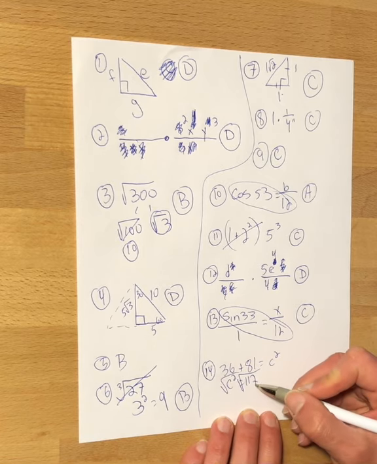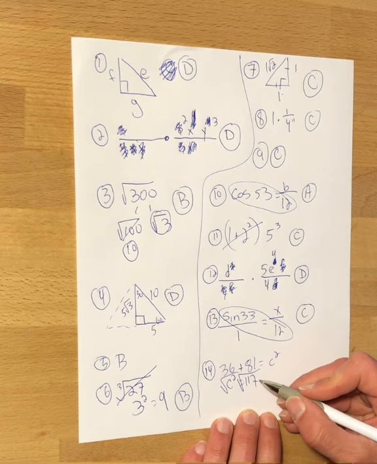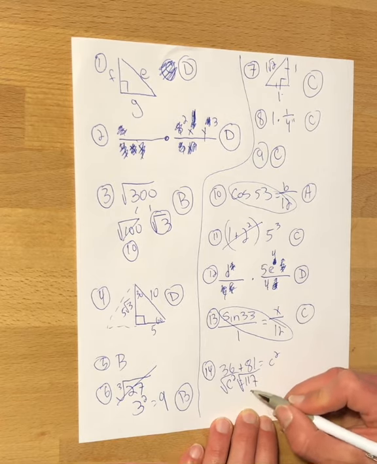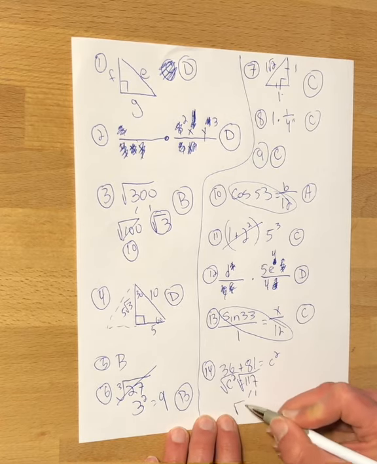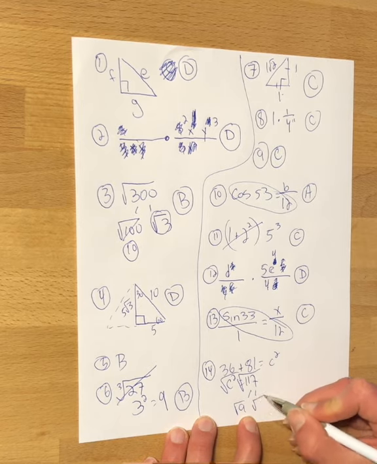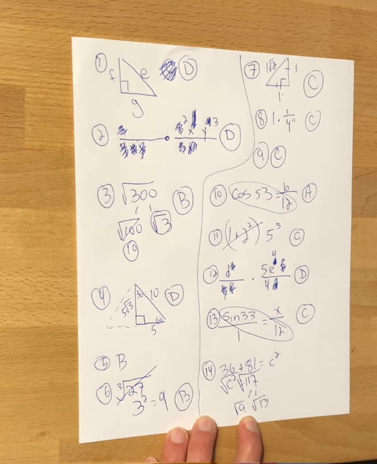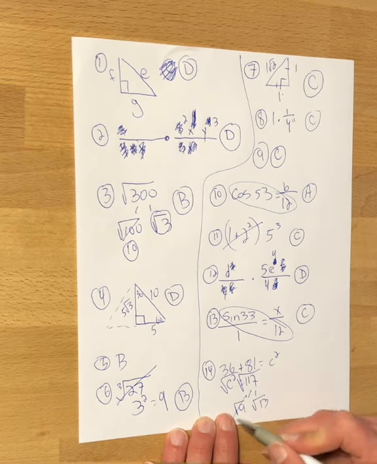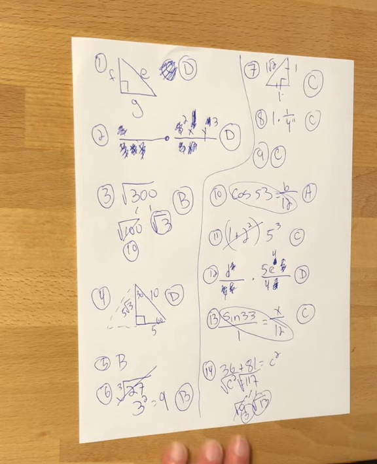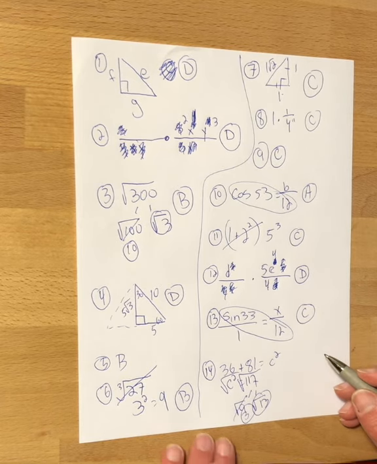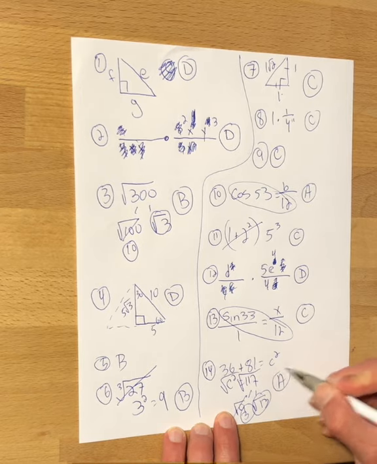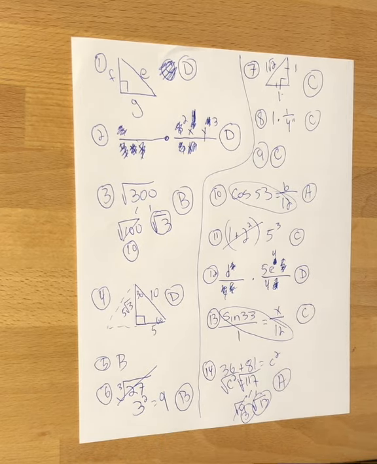And when you simplify the square root of 117, you can say square root of 9 times the square root of 13. And the square root of 9 is 3, so 3 root 13, which is going to give you letter choice A for number 14.